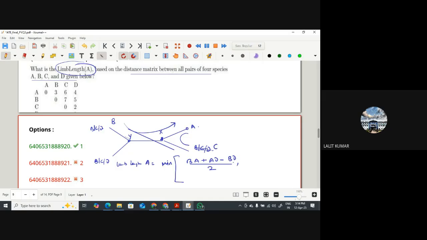So this will become BA plus CA minus BC divided by 2. Now we have taken all. Now you change it to D. This will become BA plus CA minus DC divided by 2. You put all these values from here, and whatever the minimum value comes, that will be your answer. Is that okay? Yes.